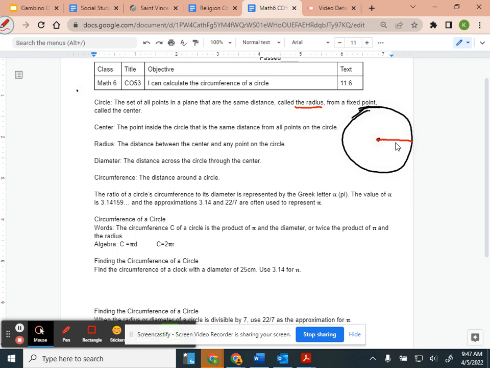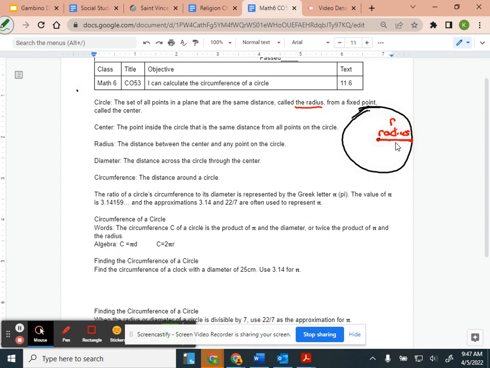But going from the middle, that center, to the outside, that is our radius. Because it's called a radius, we call it the R. So that's going from the center of the circle to the outside of the circle. So the center is that point inside the circle. The radius is the distance between the center to any point that's on the circle.